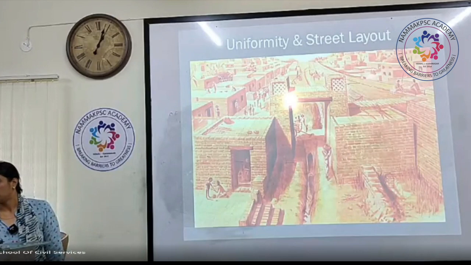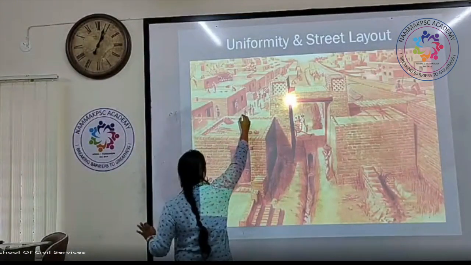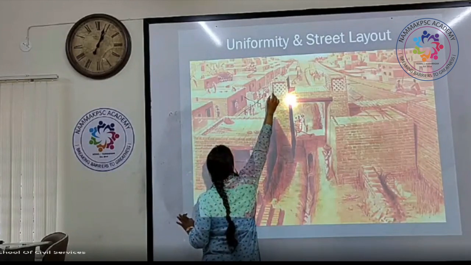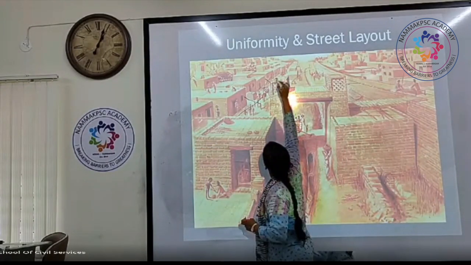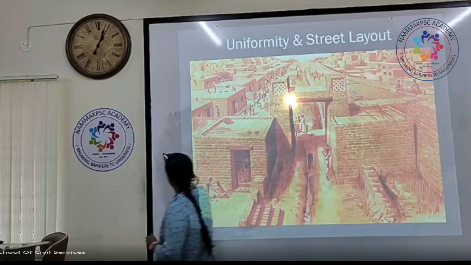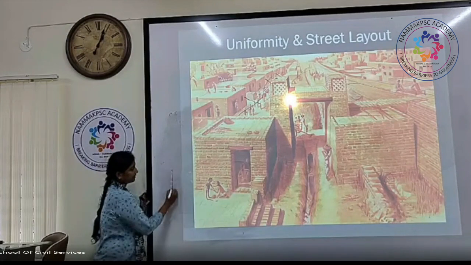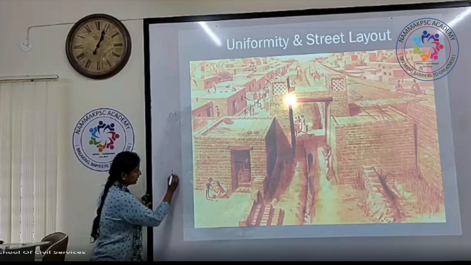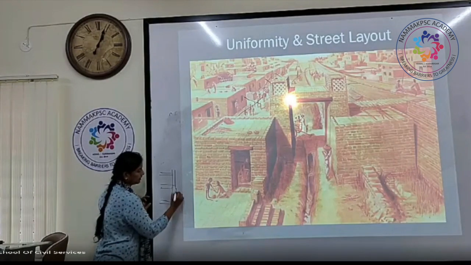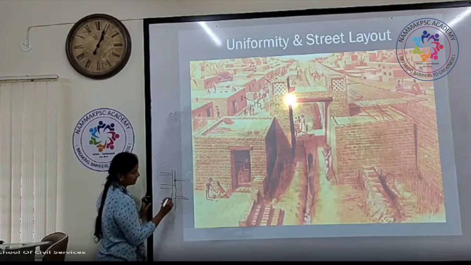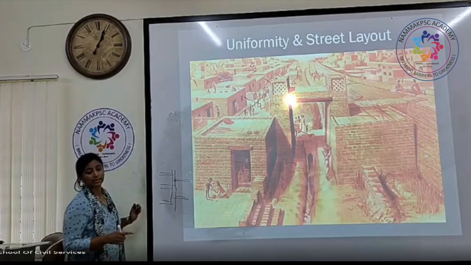The layout of the streets: you see the streets here, people are walking, they intersected at right angles, like what we have today. If we take this street of ours, it is connected to a lot of junction routes.